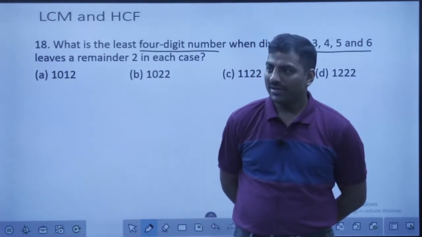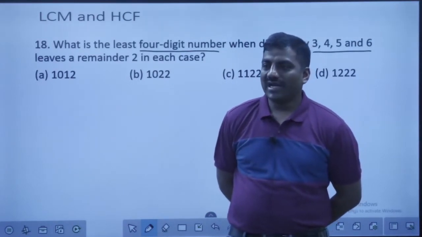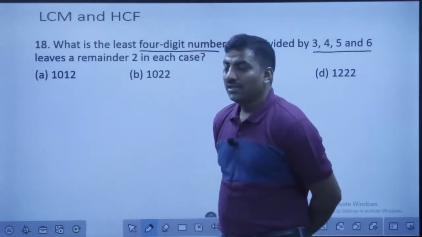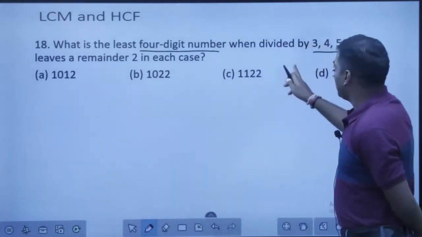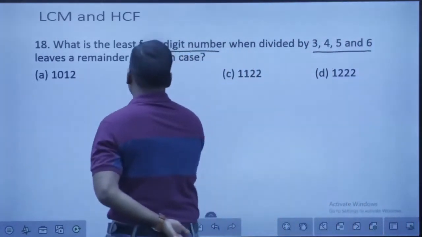Bigger, sure? Then what are we finding, LCM or HCF? LCM. Bigger number, LCM. Without thinking anything, find the LCM of these numbers: 3, 4, 5, 6.